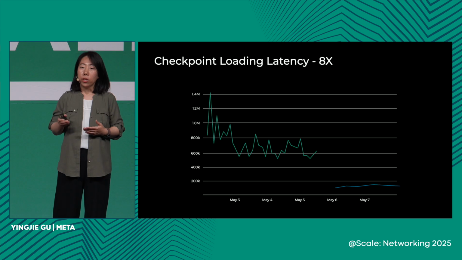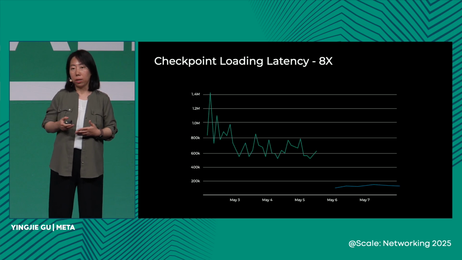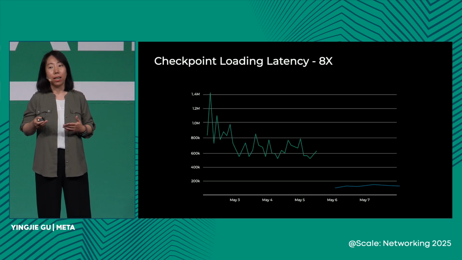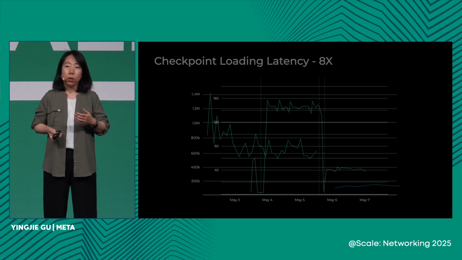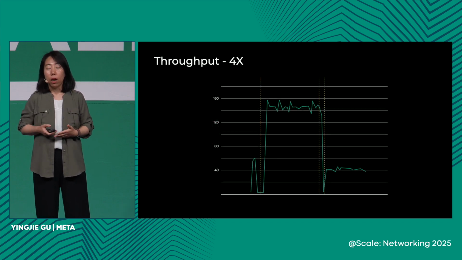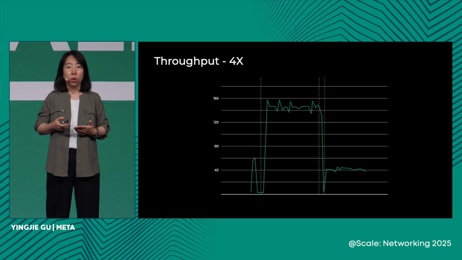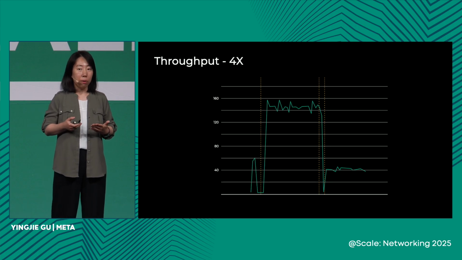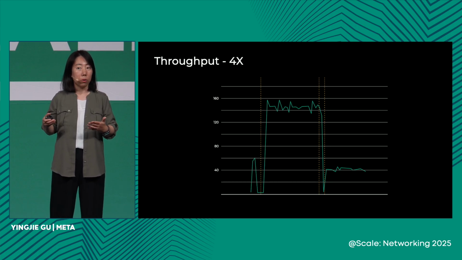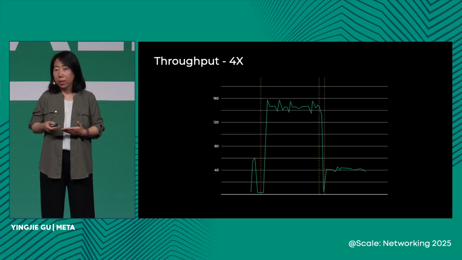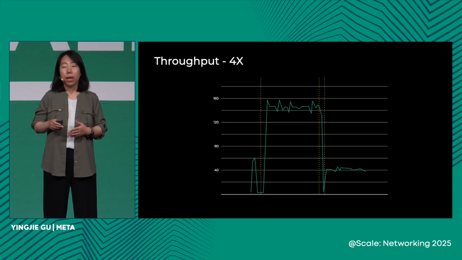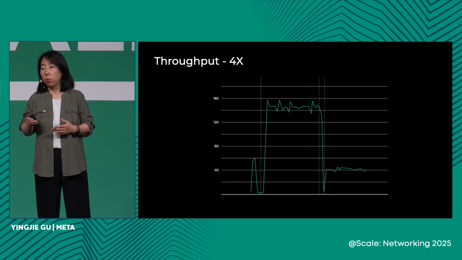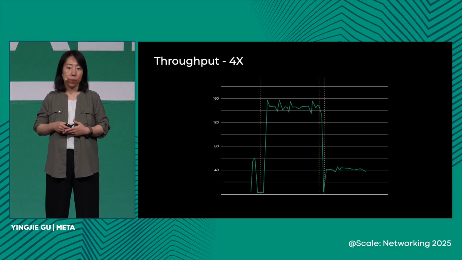Meanwhile, the checkpoint loading latency also dropped from 800 seconds to 100 seconds. We also ran a stress test on the GPU server with 4 NICs, comparing before and after applying this bidirectional solution. We see that the traffic is distributed among the 4 NICs, and each NIC takes about 1/4 of the stress load.